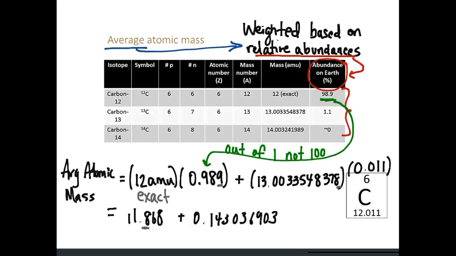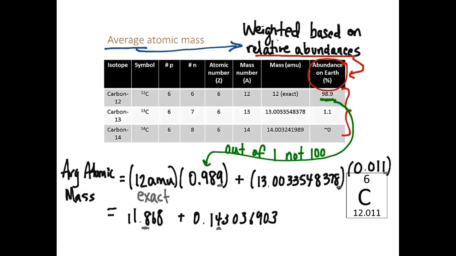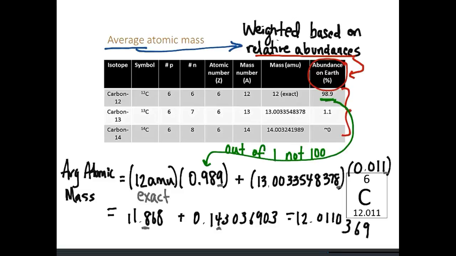The second number, 0.143036903, is accurate to the 4 because of the 0.011. That number only has 2 significant digits. So even though the 13.0033548378 has a bajillion significant digits, it doesn't matter because the 0.011 only has 2.